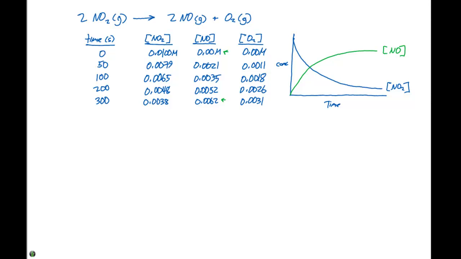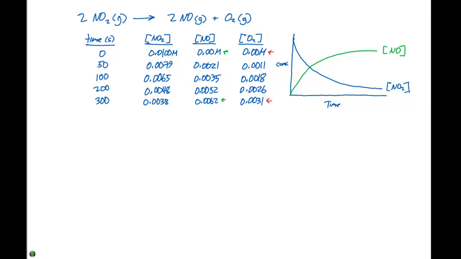In addition, we're going to look at the concentration of O2. The concentration of O2 starts out at 0, and it ends up being 0.0031 molar, which, if you look here, is half of the concentration of the NO when we get down to 300 seconds.